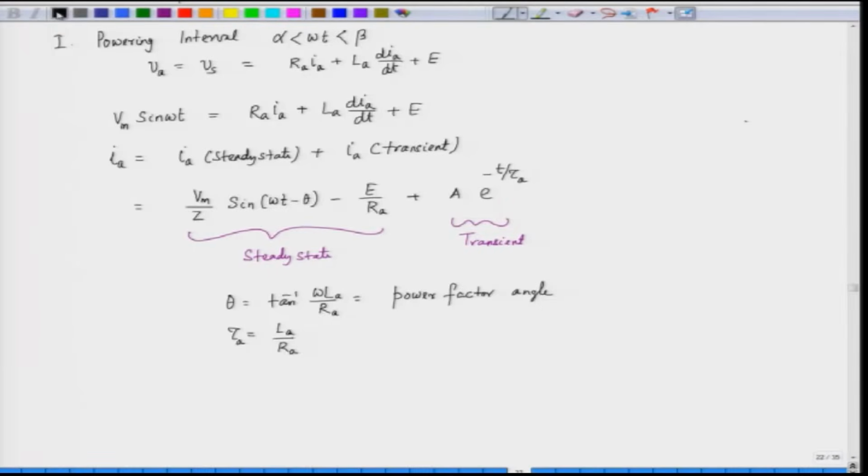In the powering interval, omega t is between alpha and beta, so VA is equal to Vs. We have a first order differential equation.